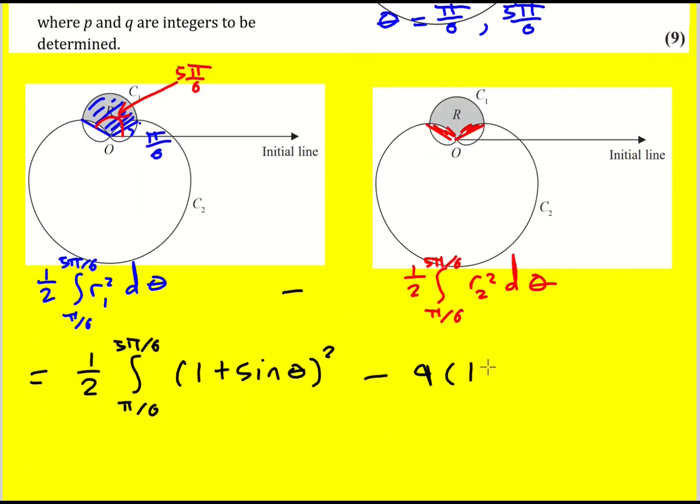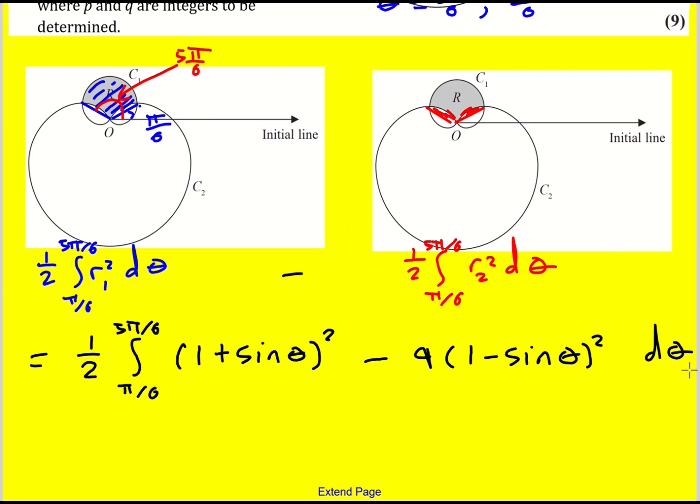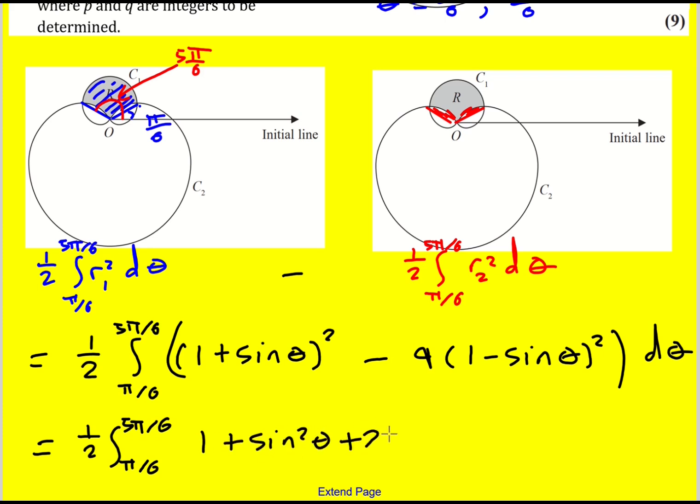So that becomes 9, 1 minus sine theta all squared. Let's expand the bracket. 1 plus sine squared theta plus 2 sine theta minus 9, 1 plus sine squared theta minus 2 sine theta.